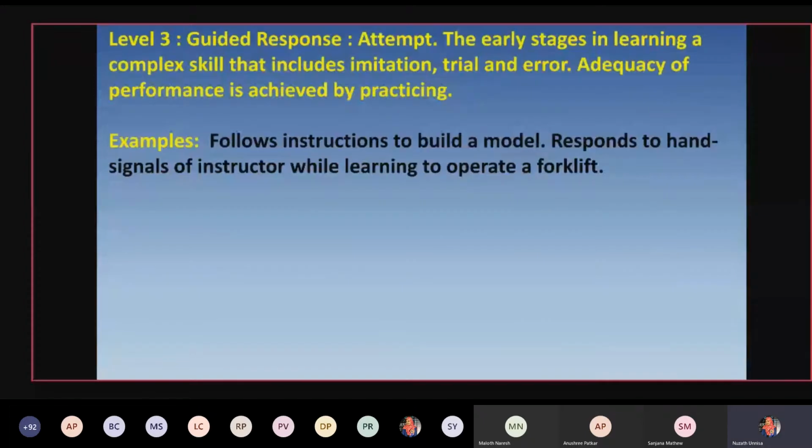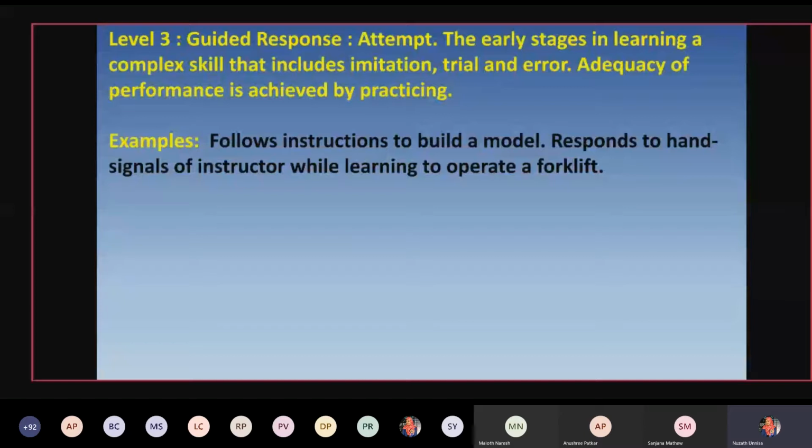Moving on to level 3, which is guided response, or attempt. At this level, the learner tries to imitate and attempt, which is the early stage in learning a complex skill.